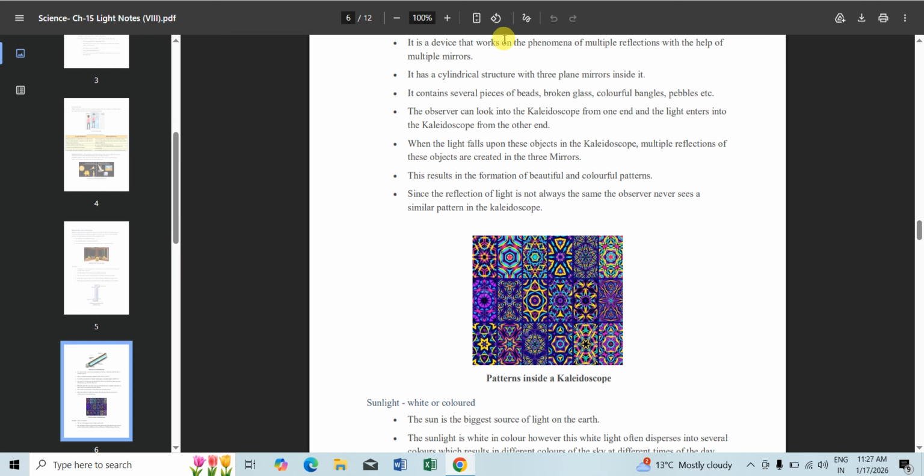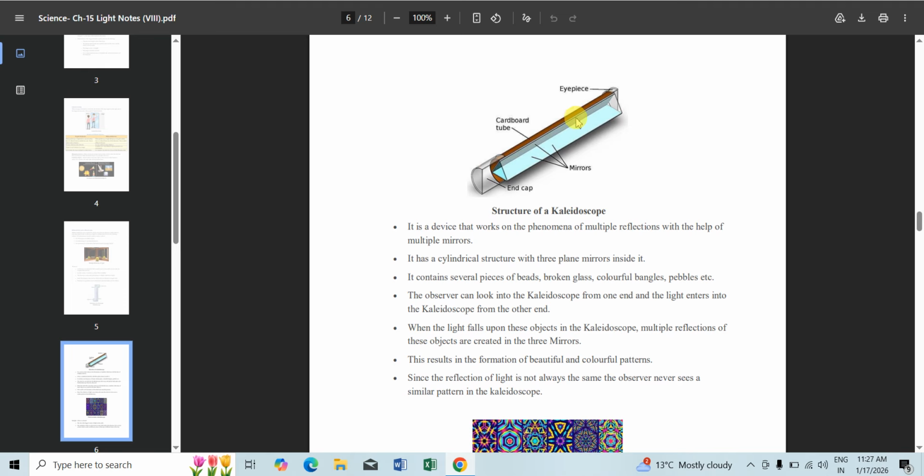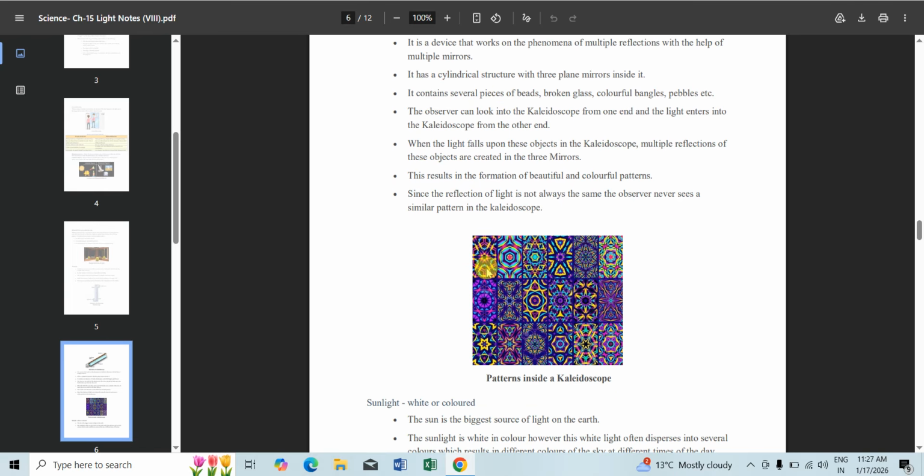So this works on the phenomenon of multiple reflections. Okay, so this kaleidoscope is made with the help of 3 plane mirrors and see what it creates.